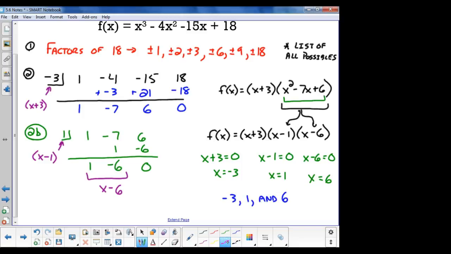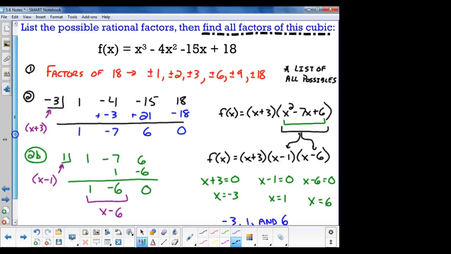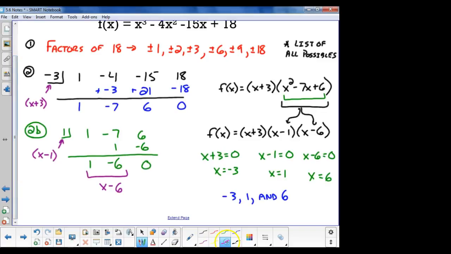Okay? However, back up here, it said in our function that we need to find all the factors of this cubic. So my answer here is step number 2 in factored form, because I found all of my factors.